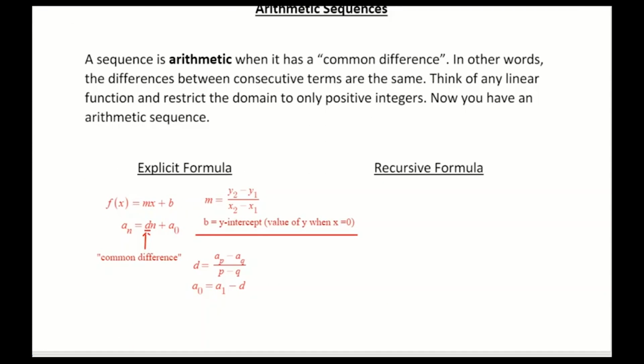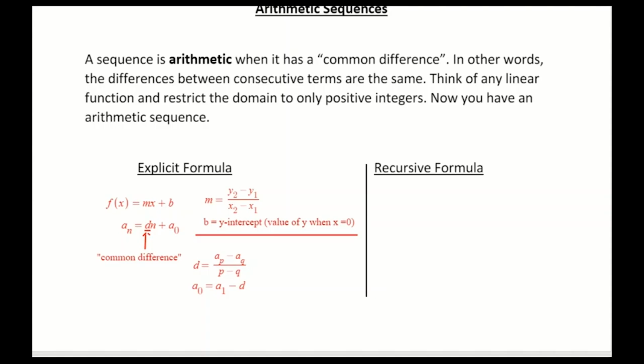For the recursive formula, it's defined a little differently. Remember that we not only need an equation that is in terms of the previous term, but we also need to know the seed value.